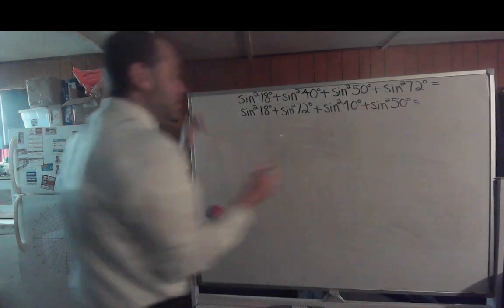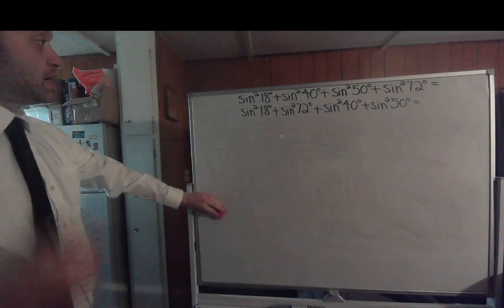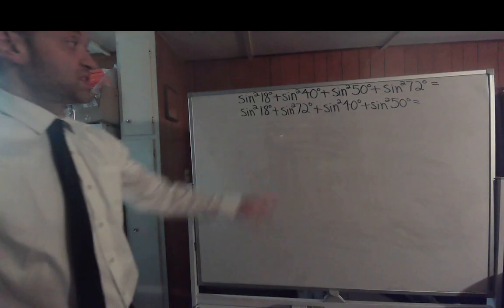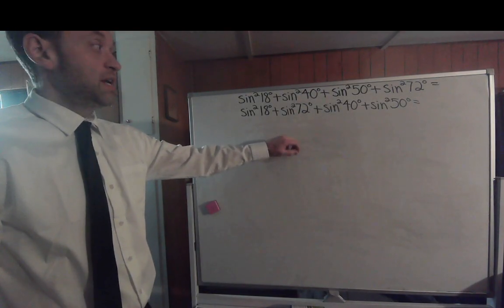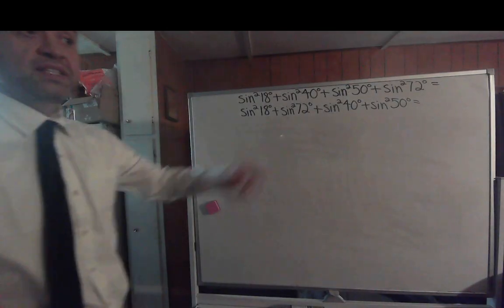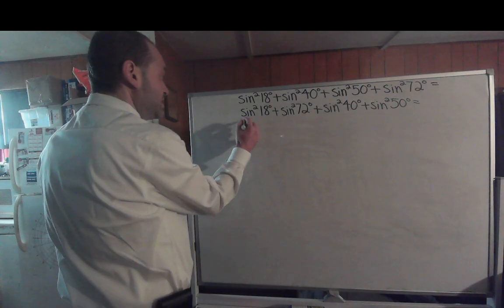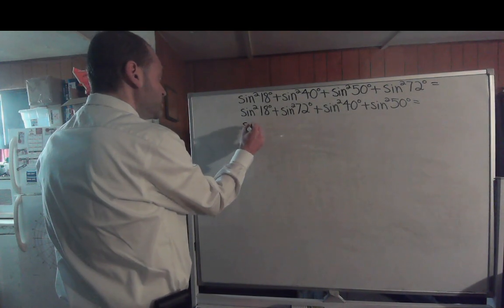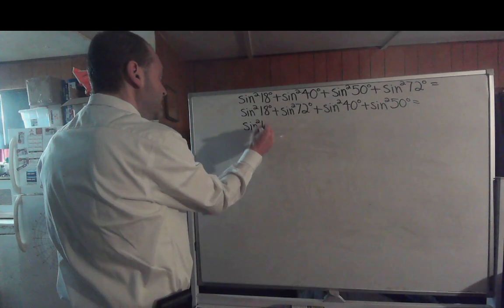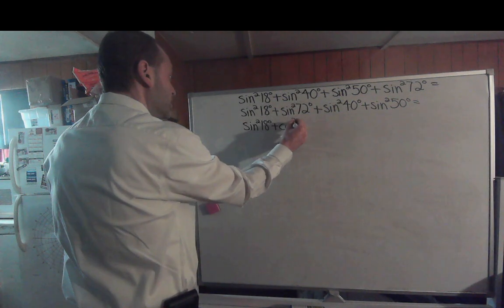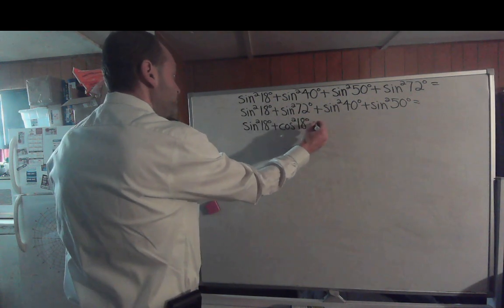Alright, now that we got these together, let's look at 18 and 72. Well, the sine of 72, if you make this the cosine of 90 minus 72 using the periodic identity, you would get the cosine of 18. So this would turn into the sine squared of 18 degrees plus the cosine squared of 18 degrees.